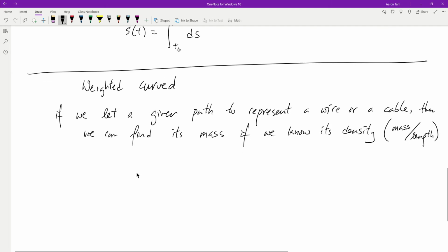So how do we actually calculate this mass? Well, let me show you.